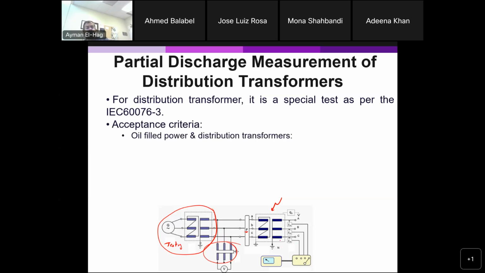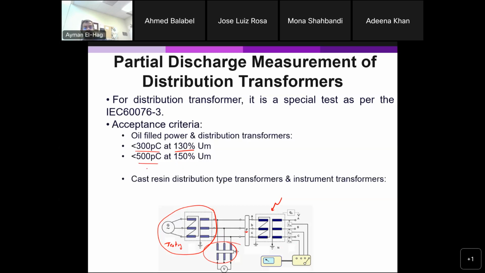Now, there are acceptance criteria for oil-filled power and distribution transformers. At 130% of the rated voltage, it should be less than 300 picocoulomb. At 150%, it should be less than 500 picocoulomb. Now, for cast resin transformers, which are dry type transformers, it's much less than that.